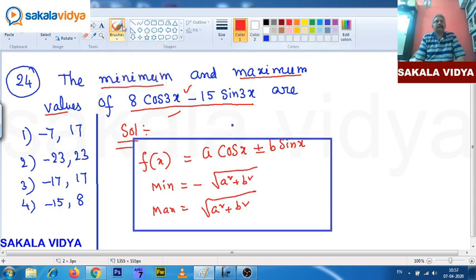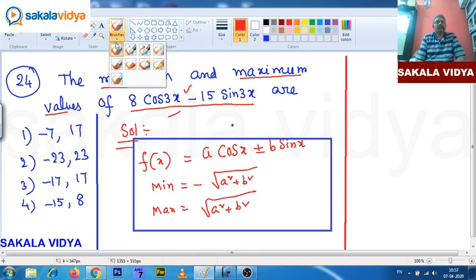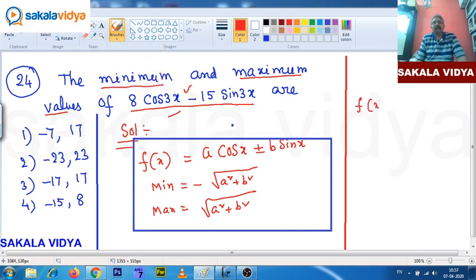Now let us do this problem. Here f of x is equal to 8 cos 3x minus 15 sin 3x. Here a stands for 8, b stands for minus 15. Am I correct? Let us find out a square plus b square value.